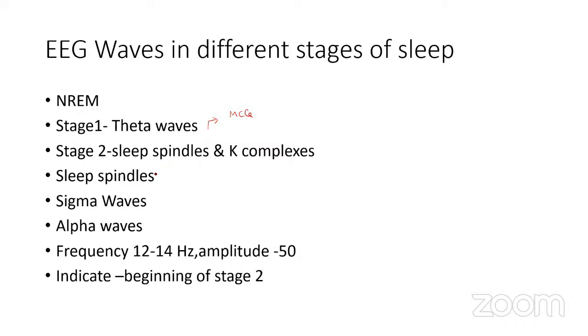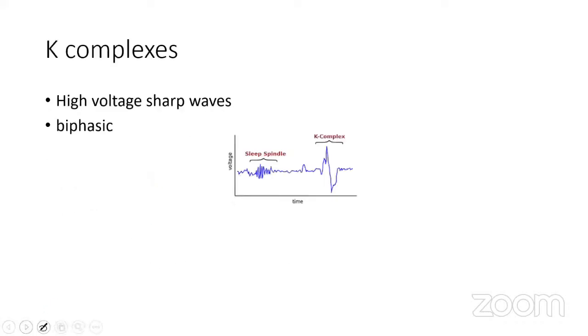In stage 2, we get sleep spindles and K complexes. Very important, this has been asked in many exams. K complexes are seen in which stage of sleep? It is NREM stage 2. K complexes are high voltage and biphasic.